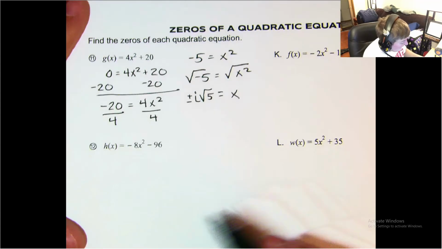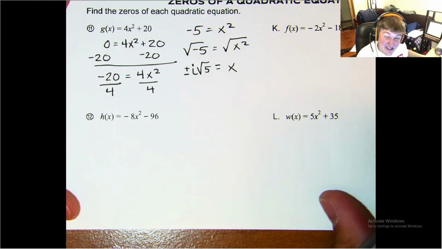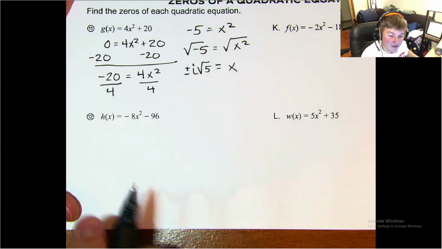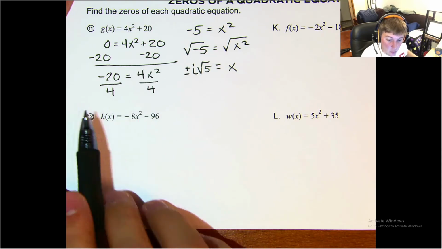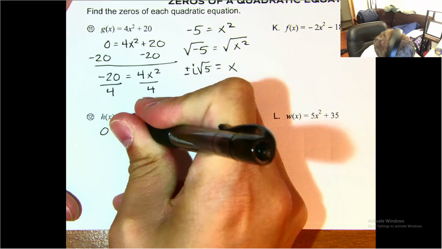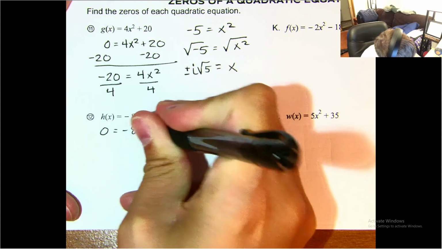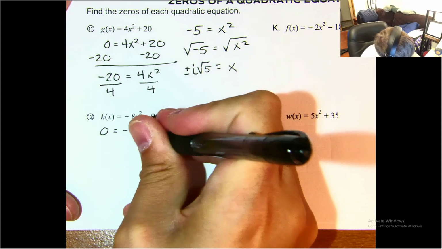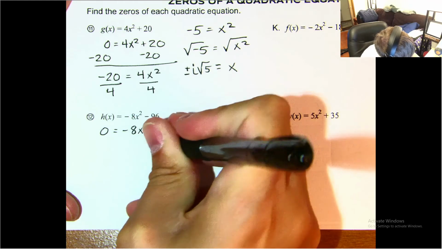All right, and then lastly, again, we're just trying to find the zeros, meaning we're trying to find the x value that makes this whole thing 0, so we can go ahead and do that. All right, and so then I'm going to add 96 here.